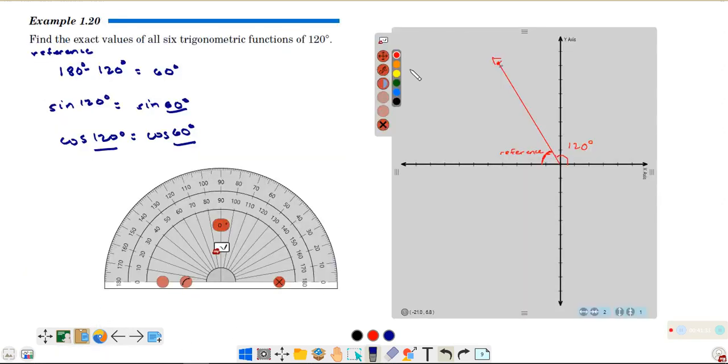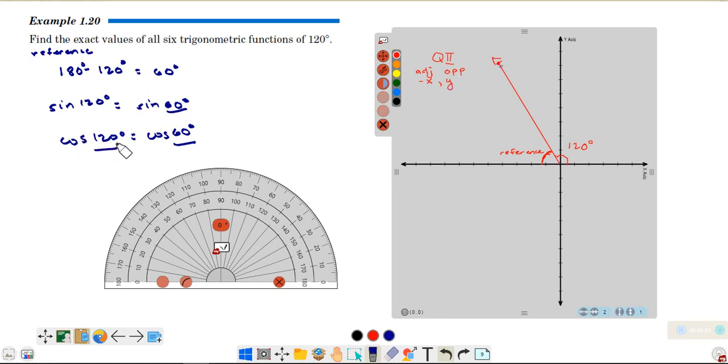Nasaan ba ang terminal side? So, this is at quadrant 2. Ang absolute value nila ay parehas, pero ang sign ay hindi. So, meron kang negative na x, positive na y. This is your adjacent. Pagdating naman dito sa y, this is your opposite.